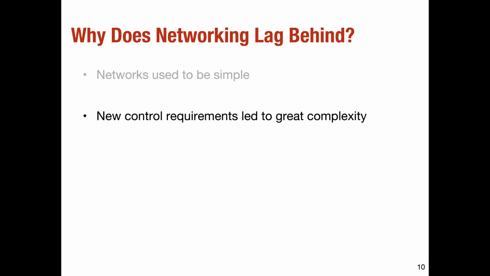But then over time, especially with the commercialization of the internet, new control requirements led to great complexity, right? So what is an example of this new control requirement? One control requirement can be, and you read about border gateway protocol in 176A, a particular AS or a domain can have a choice about who they want to peer with and who they don't want to peer with, and what type of prefixes they want to share with one type of peer, and what type of prefixes they want to share with some other type of peer, right?